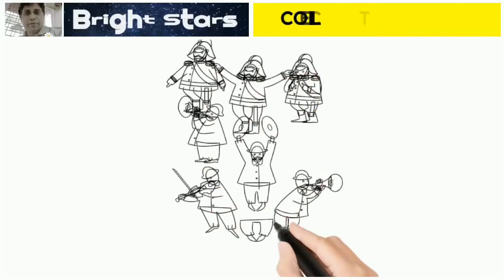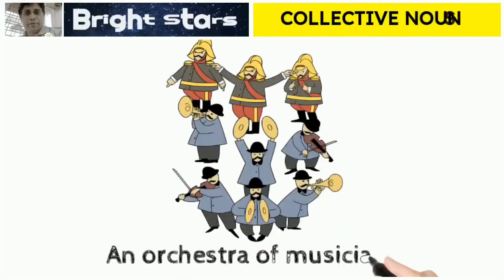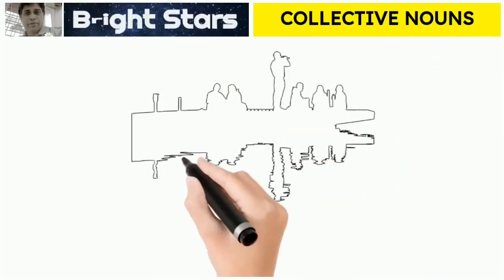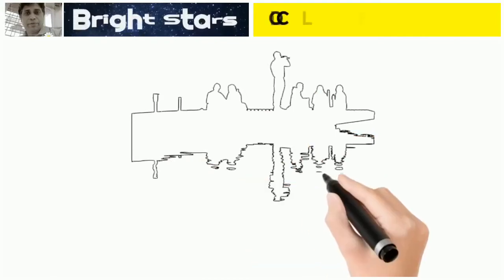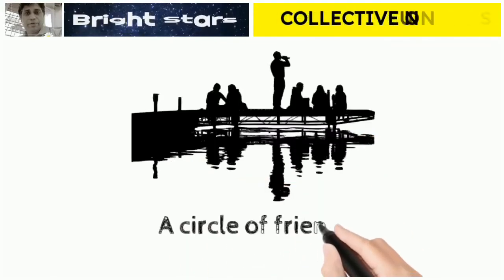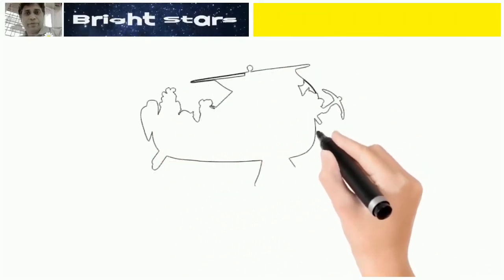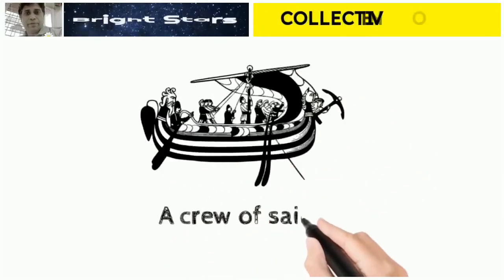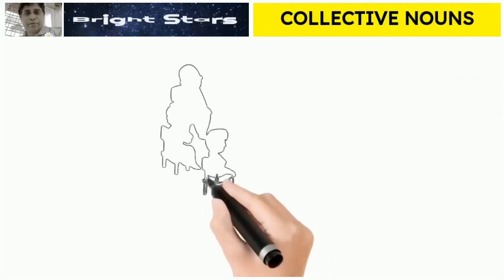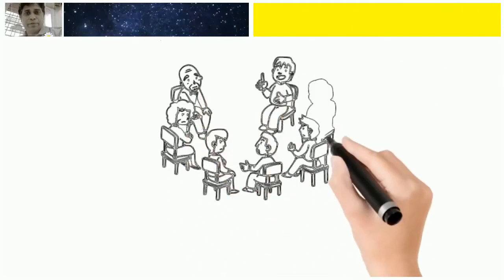In the same way, an orchestra of musicians. Here you can identify a circle of friends. Next one is a crew of sailors, or aircraft, aeroplane also we can use.